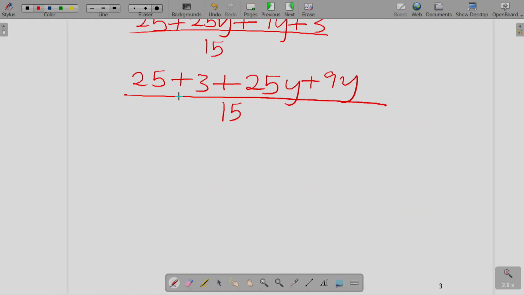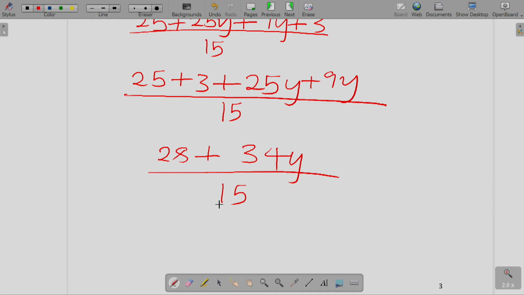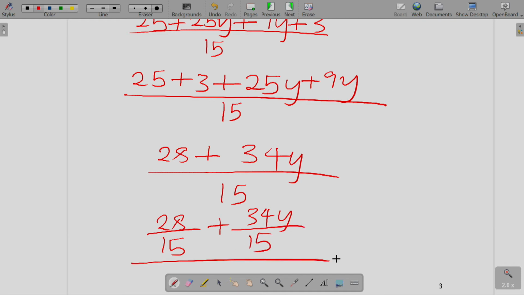So if you add 25 by 3, so we'll get 28 plus 25y by 9y, so we'll get 34y divided by 15. So if you simplify it, so we'll get 25 out of 15 plus 34y out of 15. So this one will be the answer.